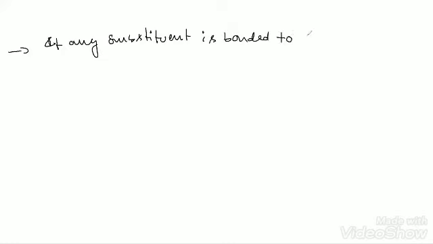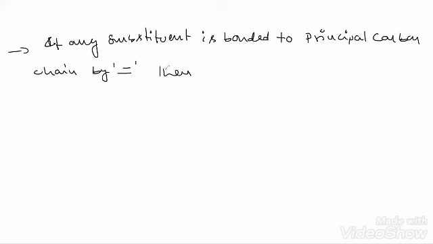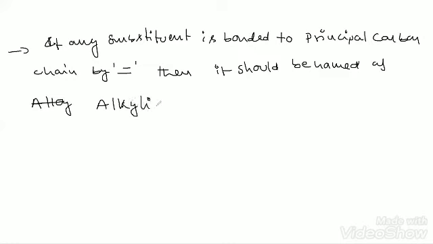Okay, suppose any substituent is bonded to the principal carbon chain by a double bond, then it should be named as alkylidene.